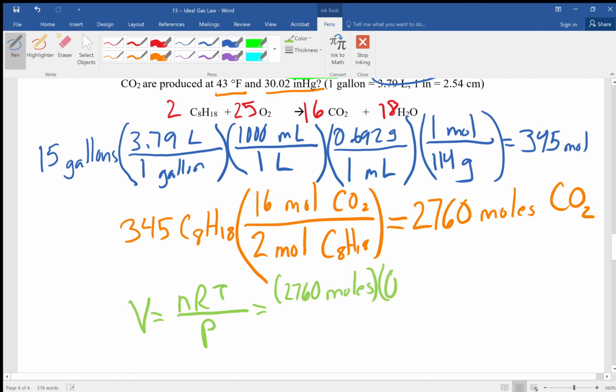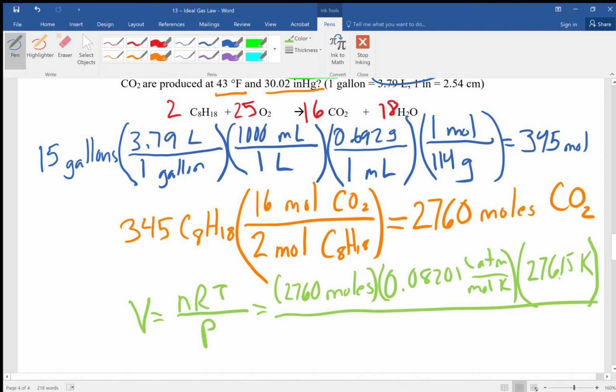R is the ideal gas constant. And then we need to convert. So our temperature was given as 43 Fahrenheit. We need to convert that to Kelvin. Not going to go through the steps for these conversions because I'm going to assume at this point that that's something you're capable of doing.